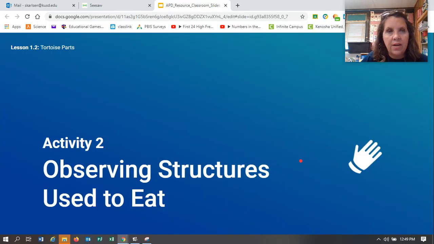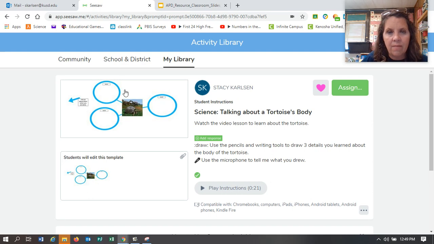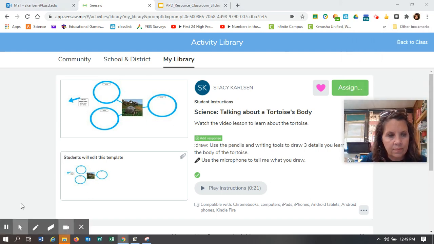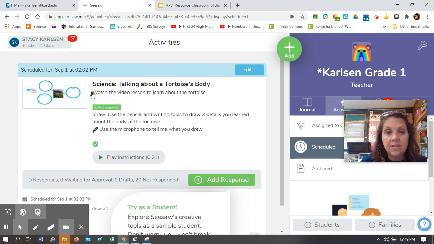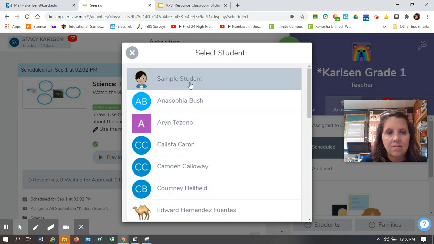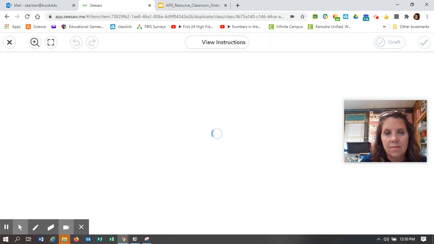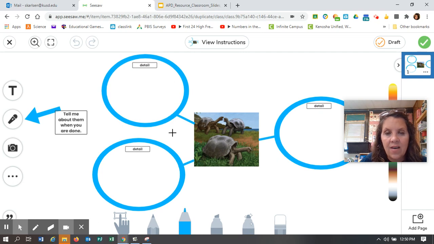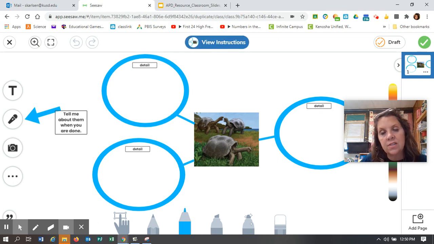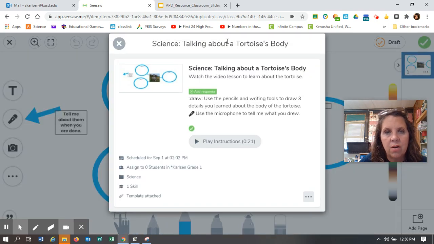So what you're going to do next is you're going to go into Seesaw and find an activity called Science, talking about a tortoise's body. I'm going to click on Add Response. And then right here on this sheet, you are going to, oops, I didn't listen to the instructions. Let's see what they were.